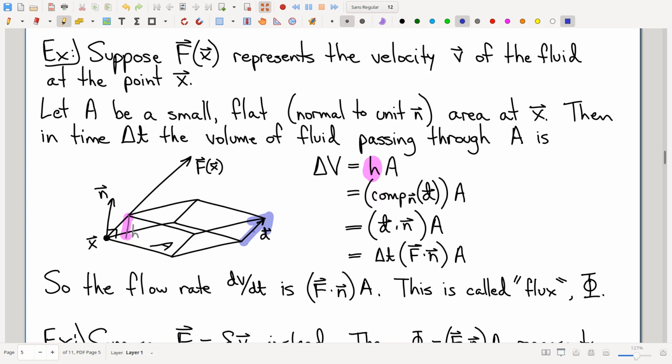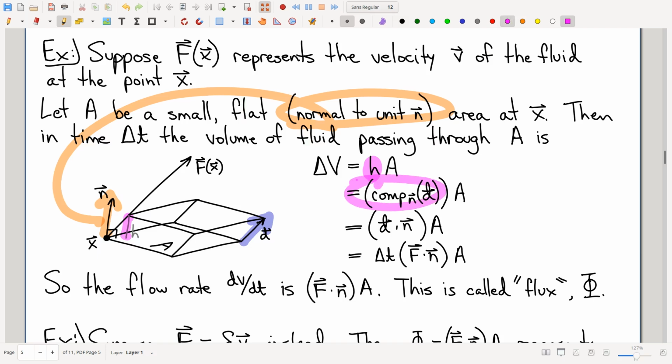If you know the velocity and you know how much time you're talking about, then velocity times time gives you displacement. And conveniently, looking at this picture, this height and that displacement relate by way of this normal vector. If I look at the unit vector perpendicular to the surface, this height is the normal component of that displacement. Everybody with me?